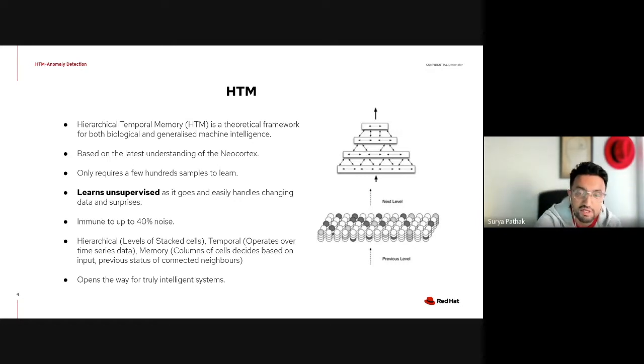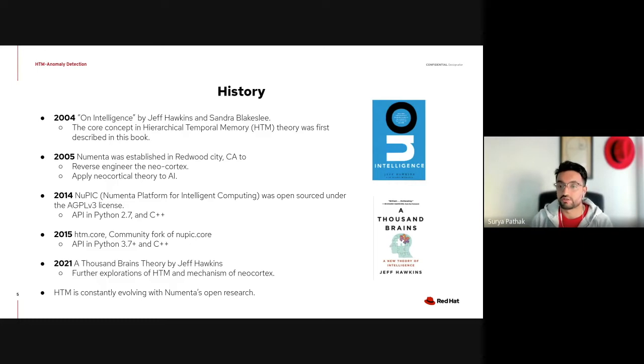Now let's talk a bit about how it got to where it is today. Jeff Hawkins, who originally invented the Palm Pilot, which is something like a very primitive smartphone-like device, and Sandra Blakeslee wrote the book On Intelligence in 2004, explaining the mechanism of the human brain, how it remembers different things, and what intelligence is, the core concept of hierarchical temporal memory.